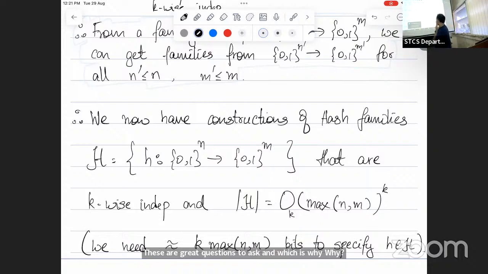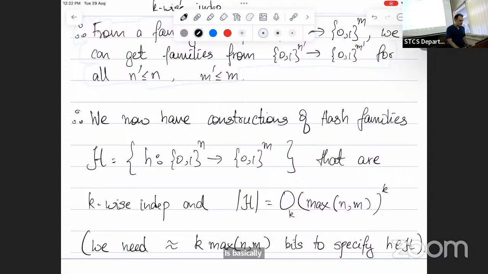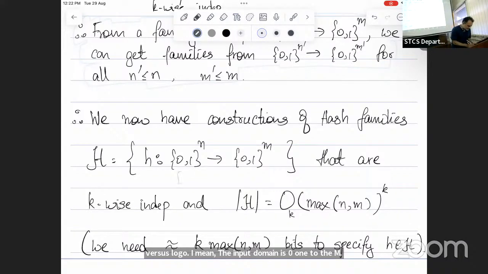These are great questions to ask, which is why, sorry, I cannot understand why I need k times max n comma m to specify. I think there is a confusion between max versus log. The input domain is {0,1}^n. No, it should be log, right? Because the size of h is that.